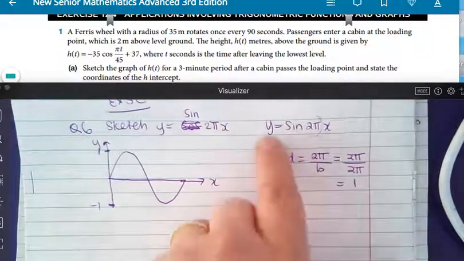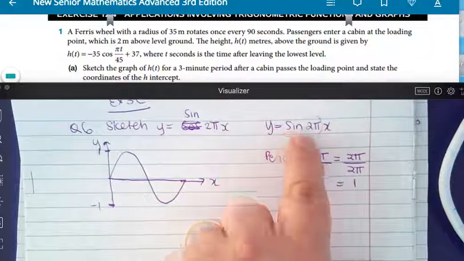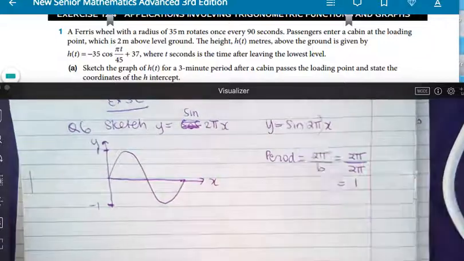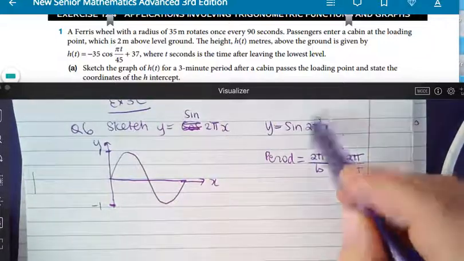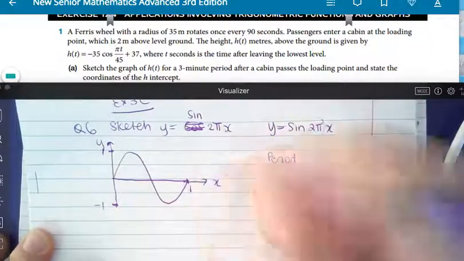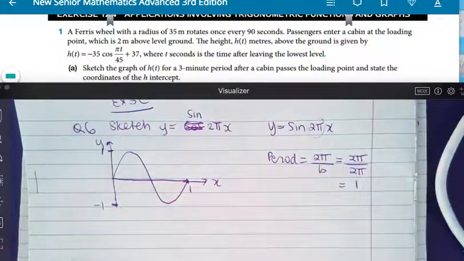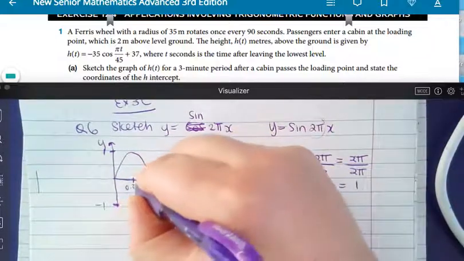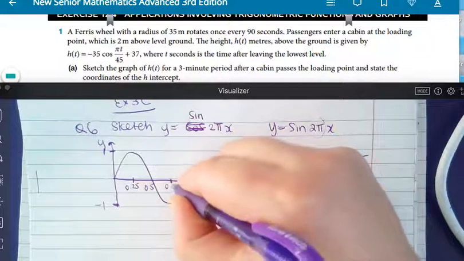So for this curve, sketch y equals sine. So we've been sketching things like y equals sine of 2x, y equals sine x. But now sine of 2 pi x, when you do your period, 2 pi over 2 pi, you get 1. So this period is now 1. Okay? This here would be 0.5, this is 0.25, etc., 0.75.